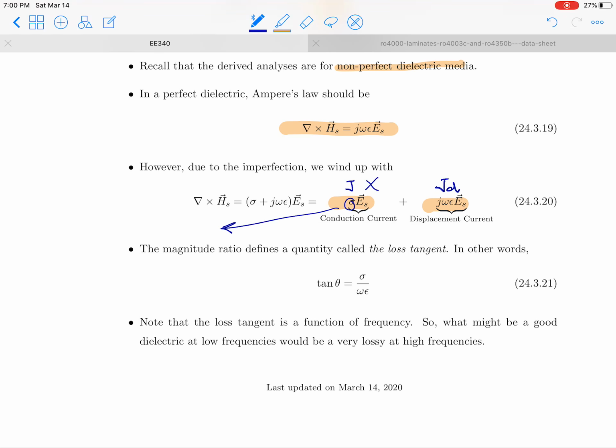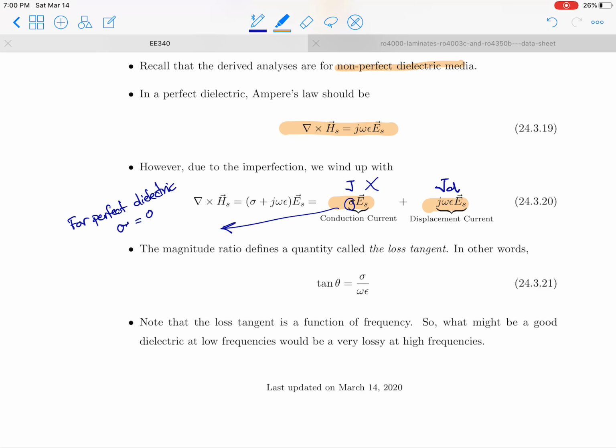Why? Because for a perfect dielectric, sigma should be 0. However, since the medium is not perfect, we're going to have a conduction current. This conduction current is responsible for energy losses.